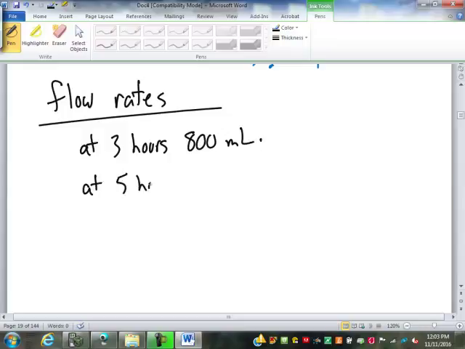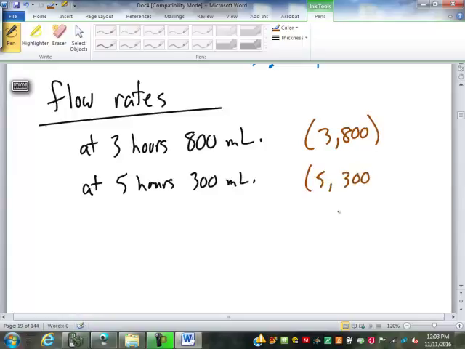At 5 hours, it is down to 300 milliliters of fluid in the bag. So now what we're looking at is the flow rate is the rate of change of volume in the bag. So the first point is at 3, 800. The second point is at 5, 300.